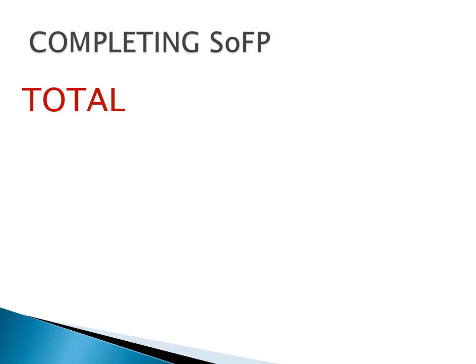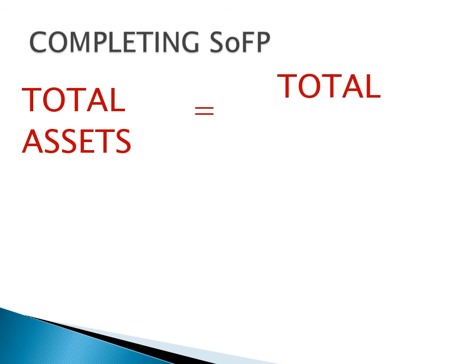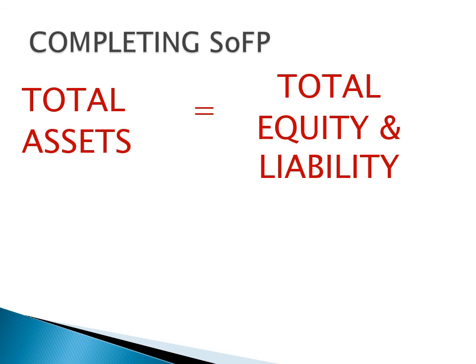So once you complete the statement of financial position, you need to calculate the total of assets, which must be equal to the total of equity and the total of liability. Those must be equal.